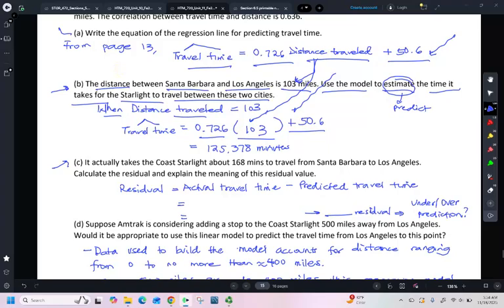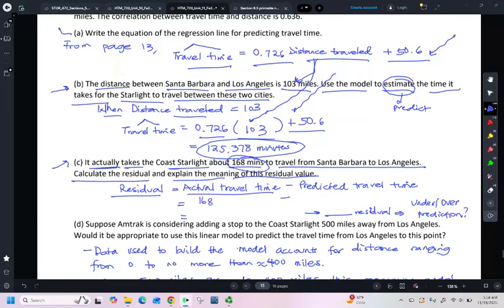Question C, this prediction, we would like to compare it to what it actually is. If it takes the Starlight train 168 minutes to travel from Santa Barbara to LA, we have to calculate the residual and explain the meaning of this residual value. The residual, as you might recall, is the actual travel time of 168 minutes minus the predicted travel time of 125.38 minutes.